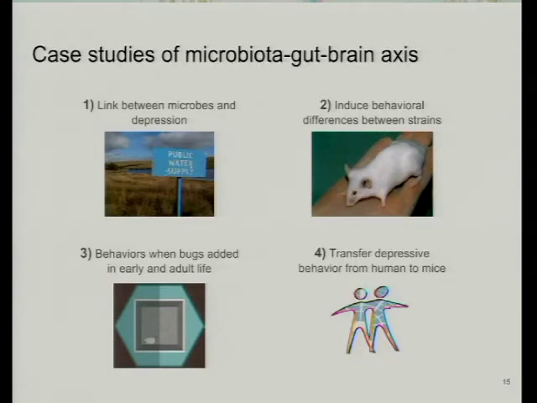Then I'll go into some behavioral experiments in rats and mice, and how they decided to infer or suggest that the microbiome might be involved in anxiety. And then I'll end with another case study focusing on depression in humans as well.